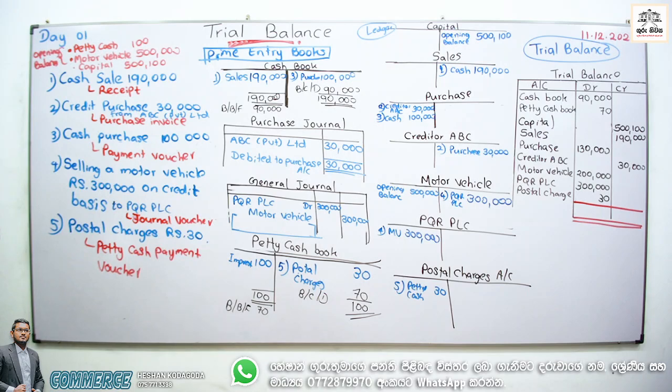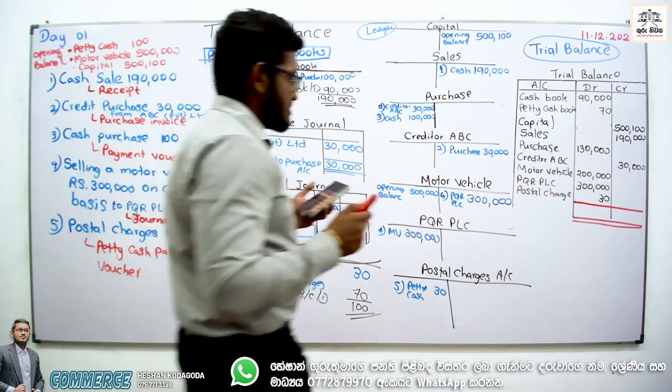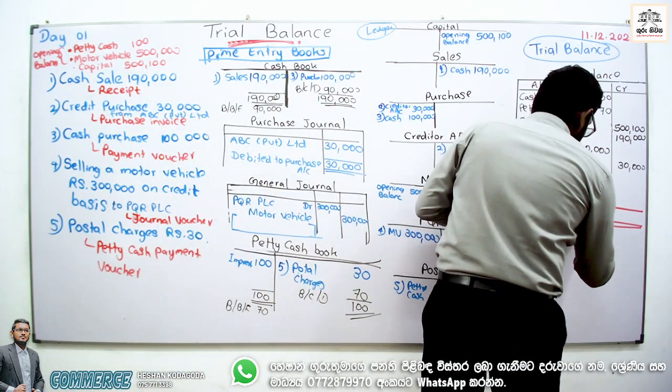So let's take 90,000 plus 70 plus 130,000 plus 200,000 plus 300,000 plus 30. How much? 720,000.